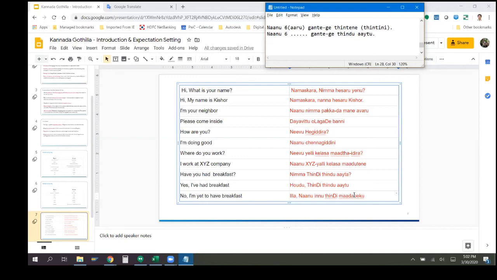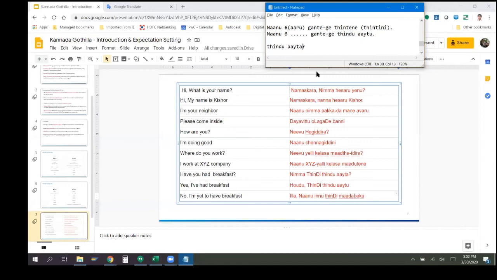Again, see over here, there's the word variation. Tindu aita would be a question. Aitu is a response. We can use the shortcut if the conversation is about eating, then we can just say Nanu 6 ganteke madtini, which means I will eat at 6, right? That's the shortcut if you can't get the tindene right.